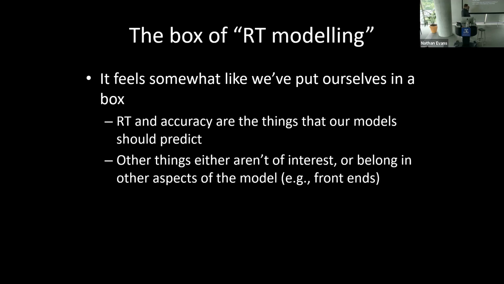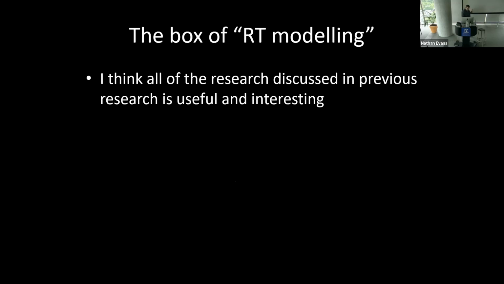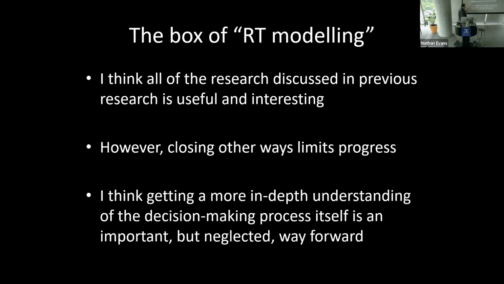I think most people think that other things either aren't of interest or belong elsewhere, like in the front ends of the models, right? But my key point here, which I'm trying to make very quickly because I ran out of time because I'm not good at time management, is that often I feel like to a certain extent we're afraid of certain parts of RT modeling.